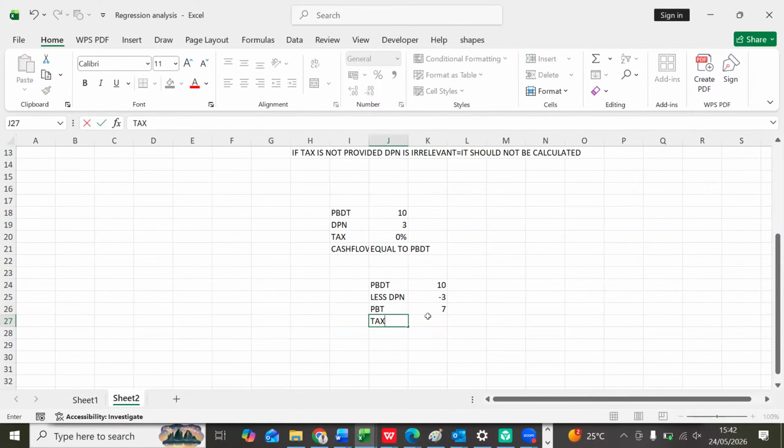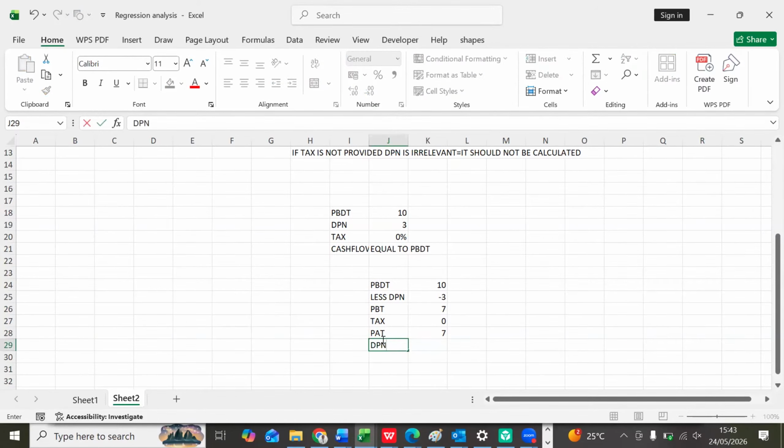Sharing with the taxman 0, this is basically 0. Nothing. So I have here the PAT, profit after taxation, which will basically be 7 because I'm taking PBT minus tax of 0.